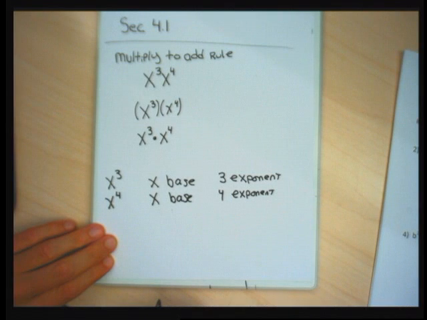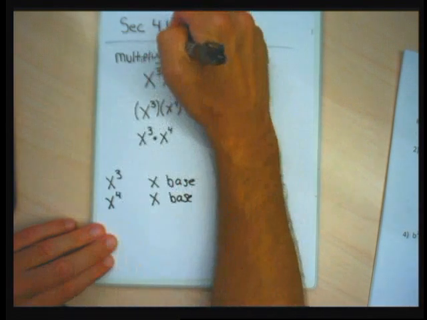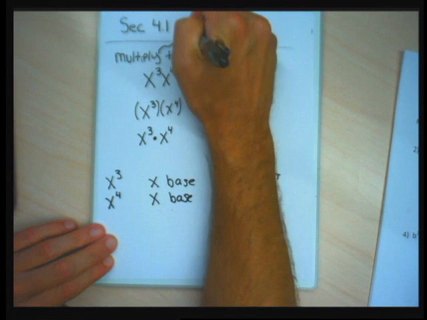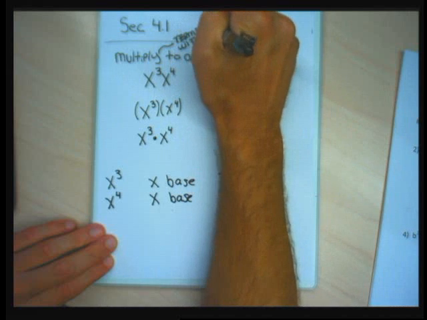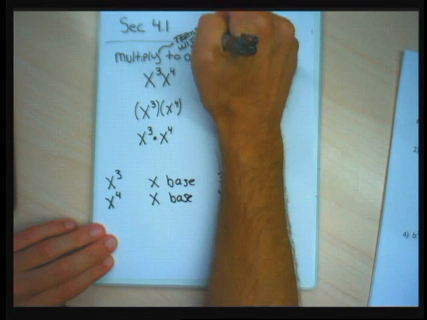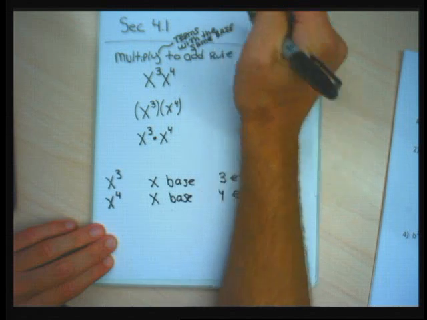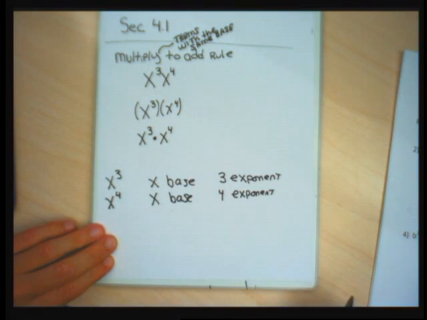And this rule, the multiply to add rule, has to do with multiplying terms with like bases or equal bases, with the same base. So I'm multiplying two terms with the same base, and when you multiply terms with the same base, you add the exponents.